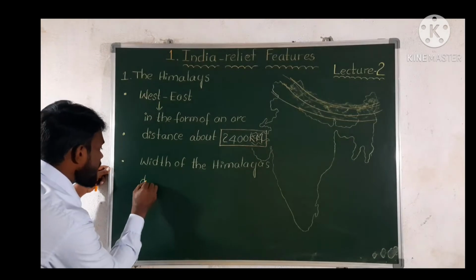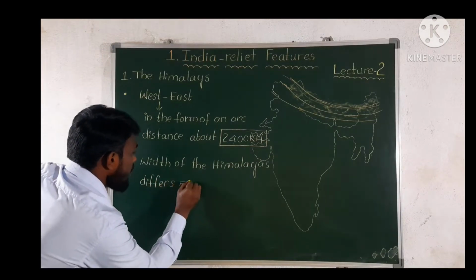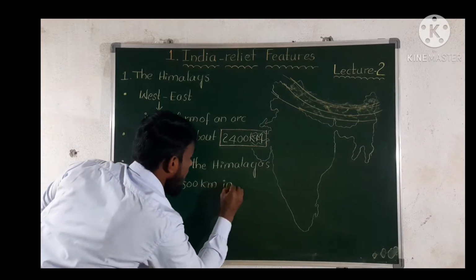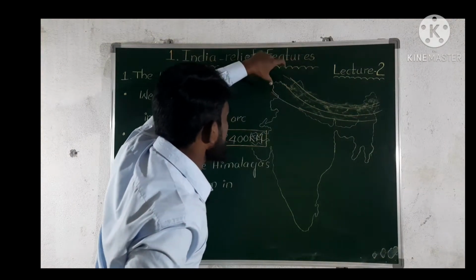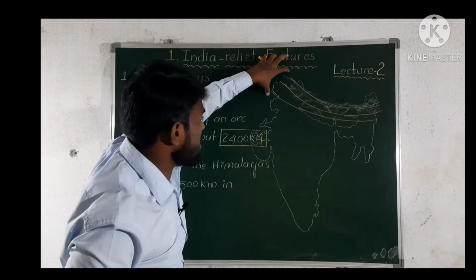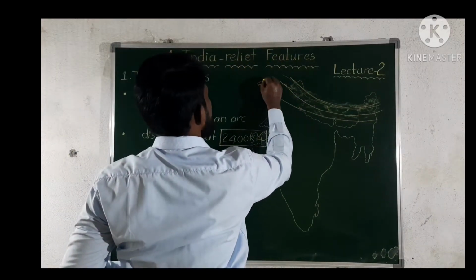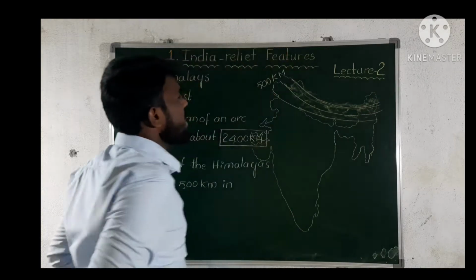The width is about 500 kilometers in the western region.